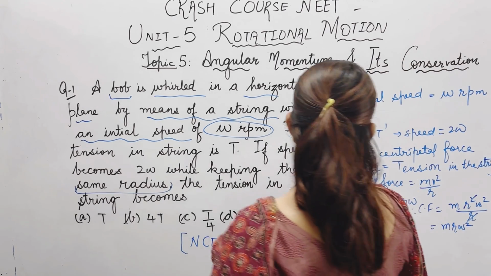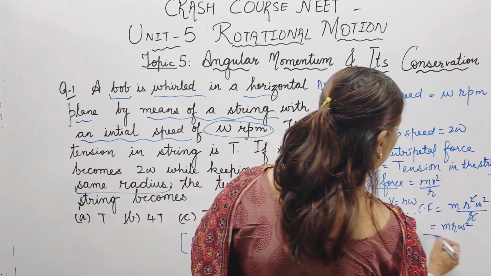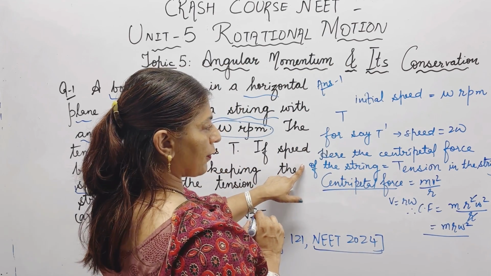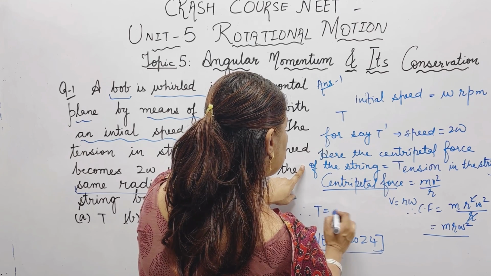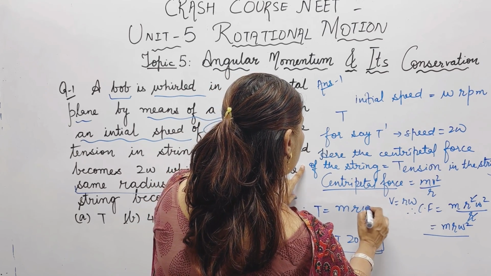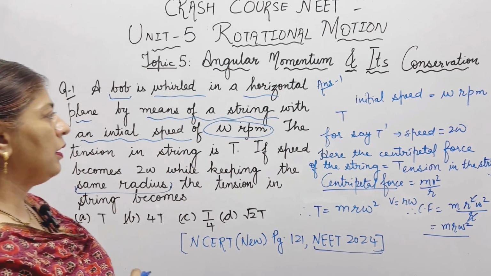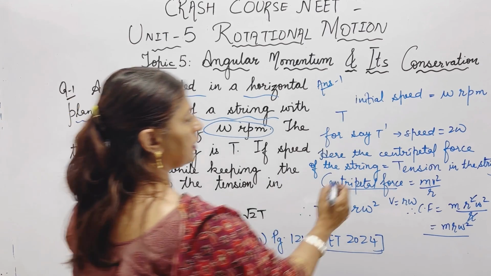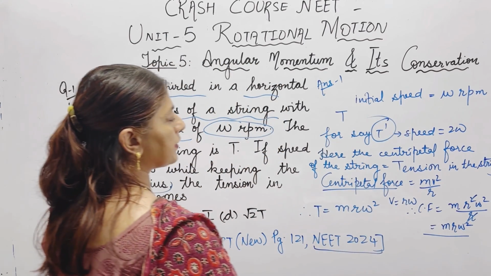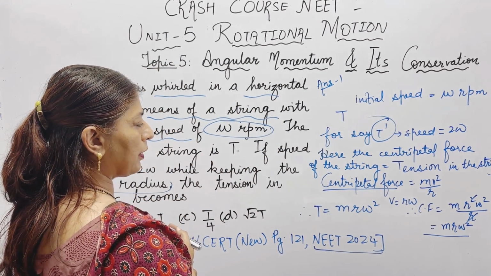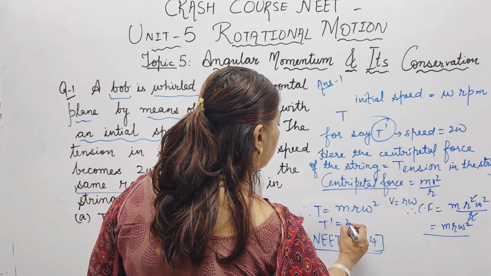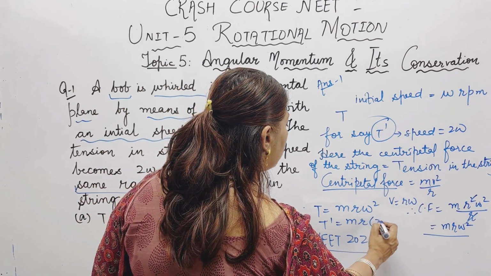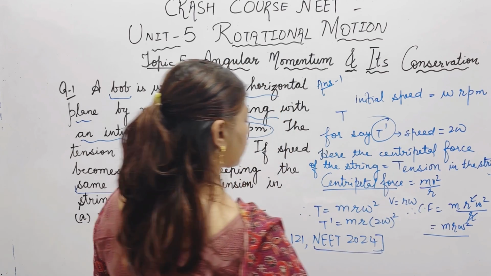Now this centripetal force is equal to the tension in the string according to this concept. So therefore T is equal to mr omega square. And for T dash, the tension in the string when the speed becomes 2 omega, T dash will be equal to mr 2 omega whole square.